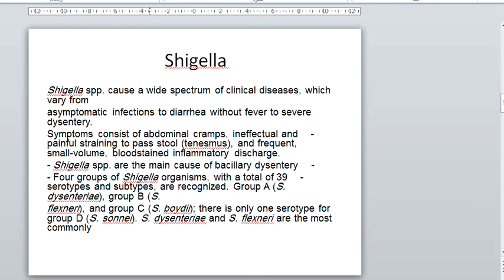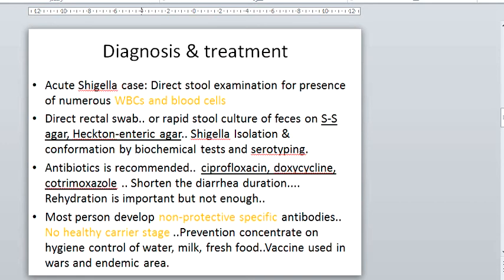There are 4 groups of Shigella organisms, with a total of 39 serotypes and subtypes recognized in the groups. Group A, B, C, D, including Shigella dysenteriae, Shigella flexneri, Shigella boydii, and Shigella sonnei. Shigella dysenteriae and flexneri are the most common.